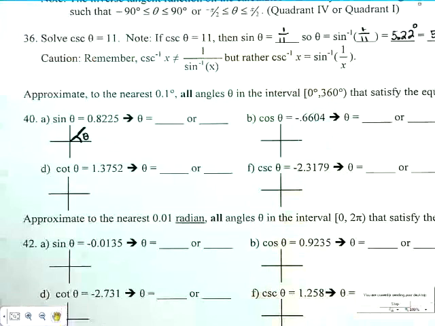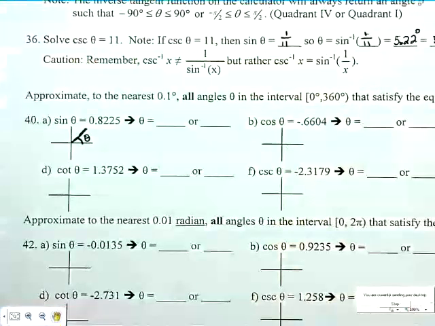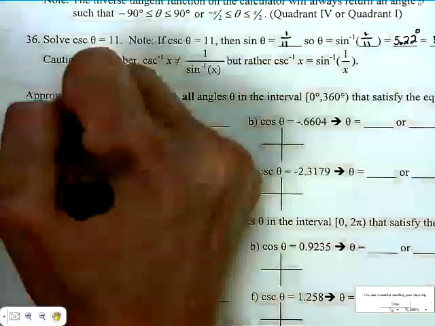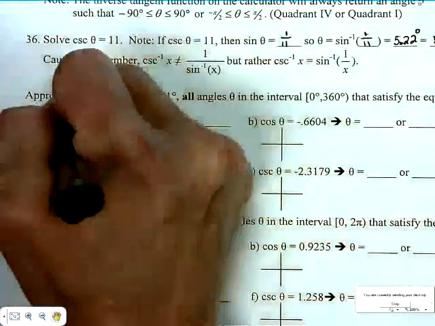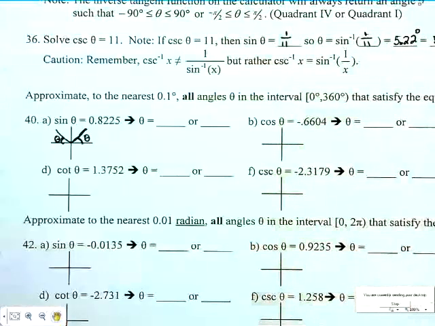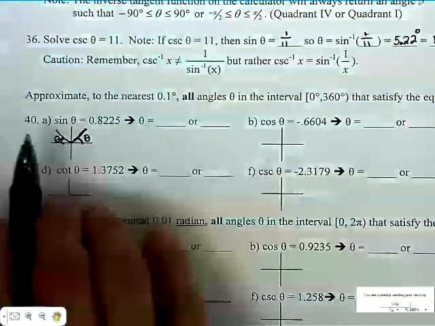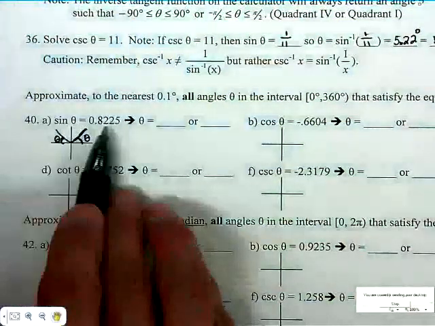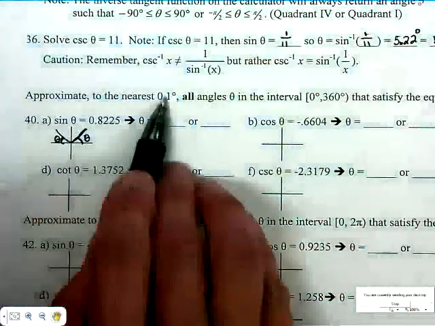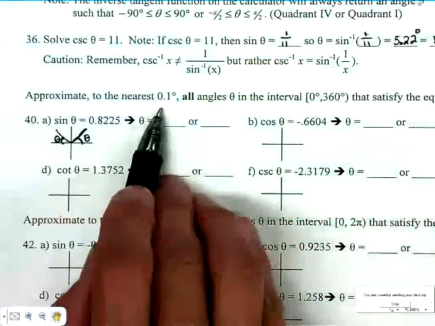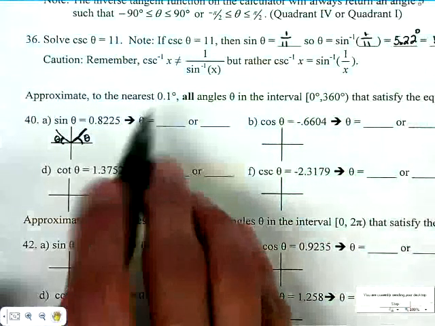But then I'm going to have to use that and find the quadrant 2 angle that would have the same y value. What do you get when you punch inverse sine 0.8225 and round it to the nearest tenth of a degree? That's what I got, 55.3.